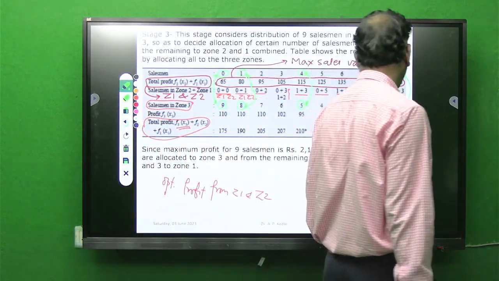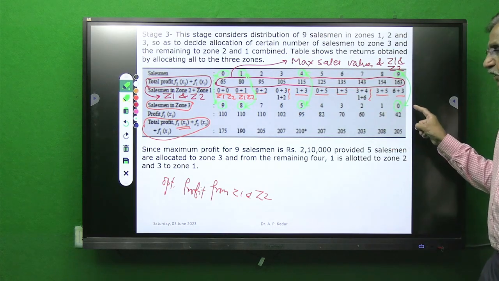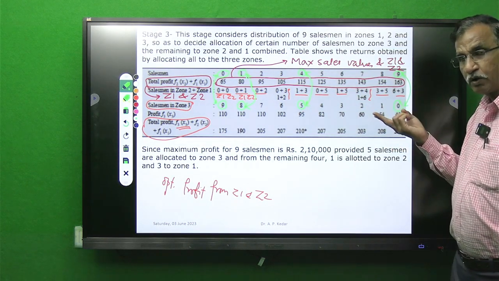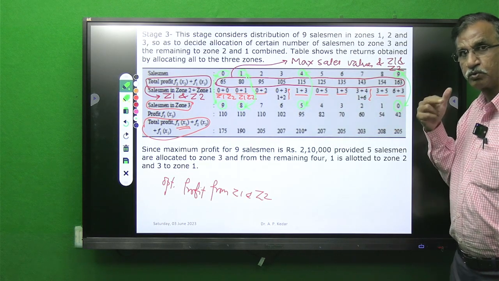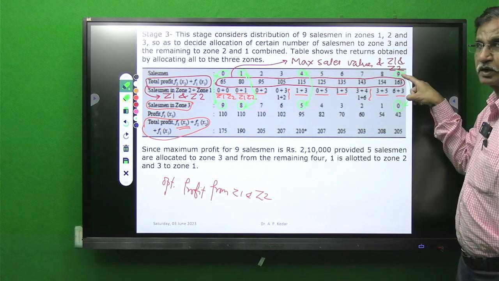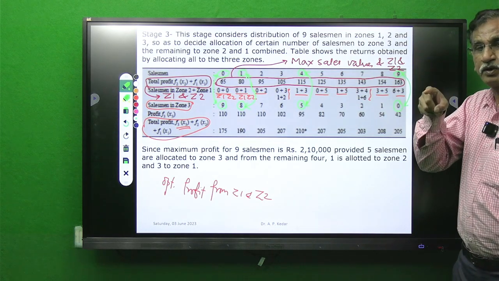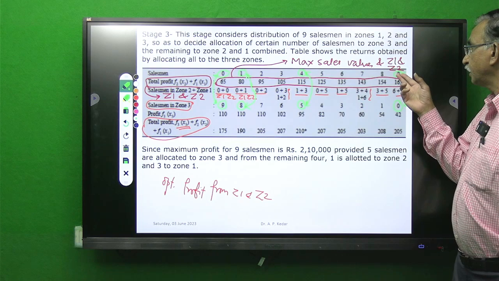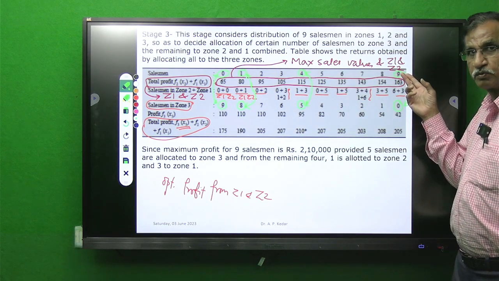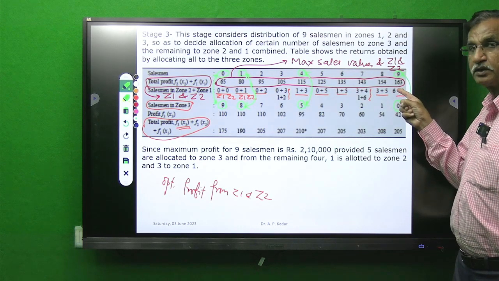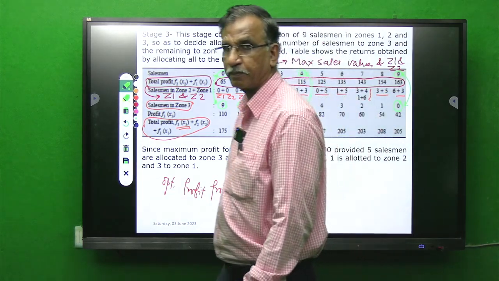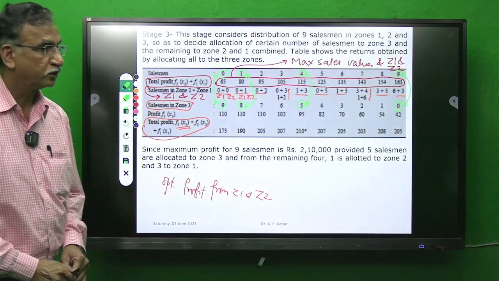But remember, if you consider the number of salesmen for zone 3 as 0, then you have for zone 1 and 2 total 9 salesmen, and you have already calculated the division of these 9 salesmen amongst zone 1 and zone 2 as 6 in zone 1 and 3 in zone 2 in the previous table. Got it?